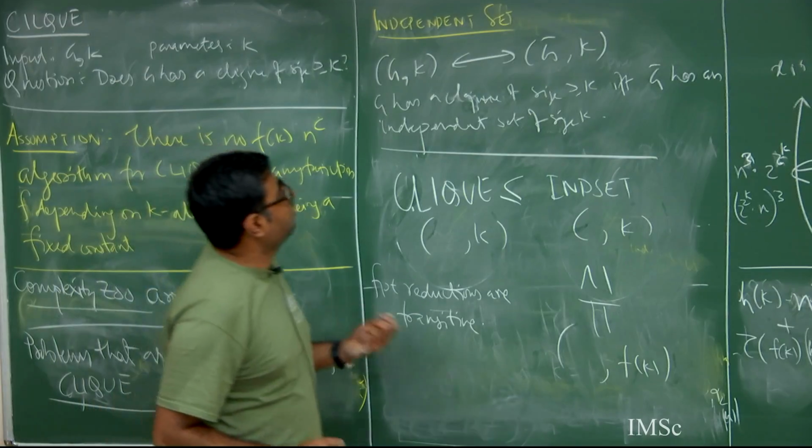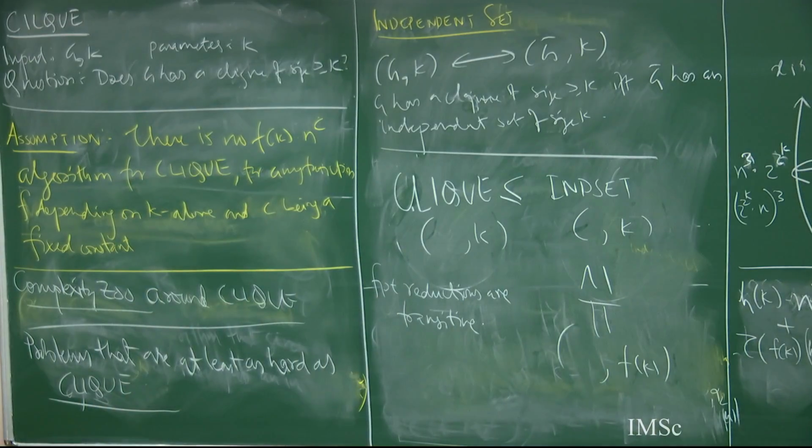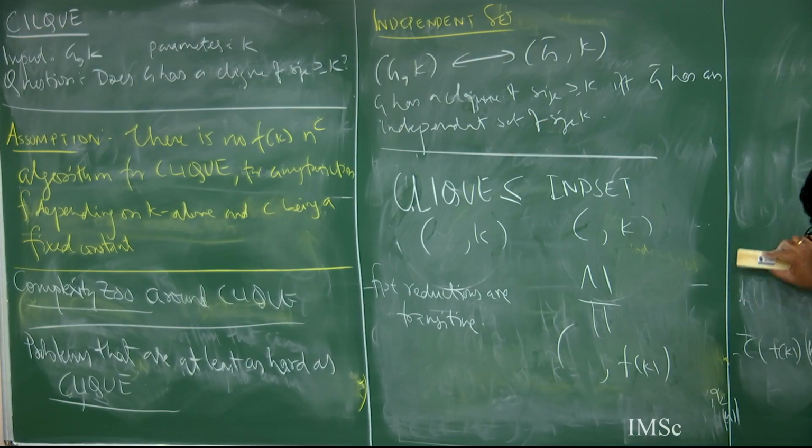Okay, so now what I would like to show, which is a very important and good starting point for lots of reductions, is clique in regular graphs. So what I would like to show now is regular clique.